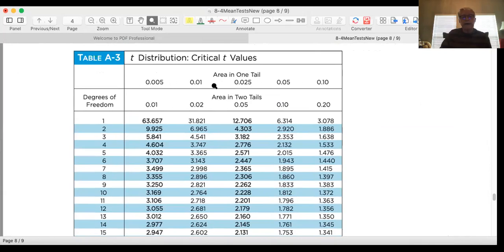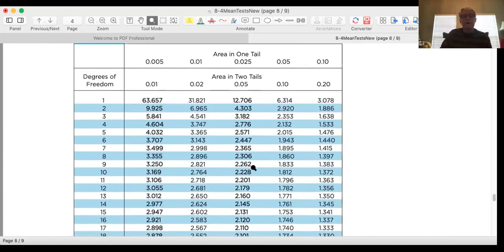The numbers that we're looking at are significance levels. These are values of alpha. We're not looking for an area in one tail because we're looking at a two-tailed test. So we're looking in area in two tails. And then what we're going to look for is alpha. Well, alpha was 0.05. So here's alpha, and that is at the head of a column of critical values, and that's where our critical values are going to be found.